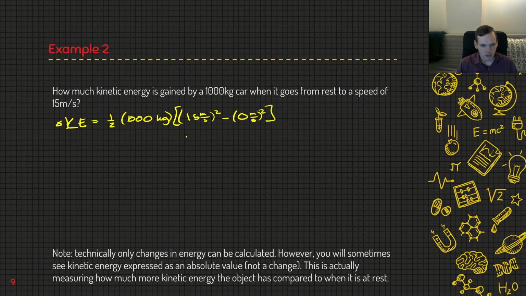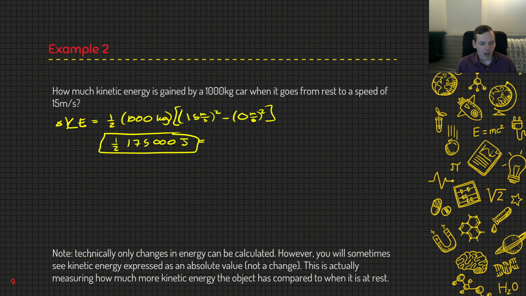So that will be 15 squared, which is, sorry, it should be 225. 15 times 10 would be 150, and 5 times 15 is 75, so 225 times 1,000, and then half of that. It's late and my brain is a little bit fried, but you can plug that into your calculator and figure it out.